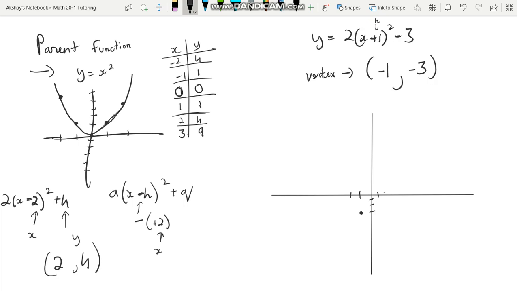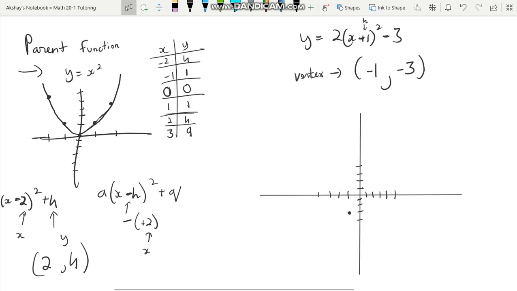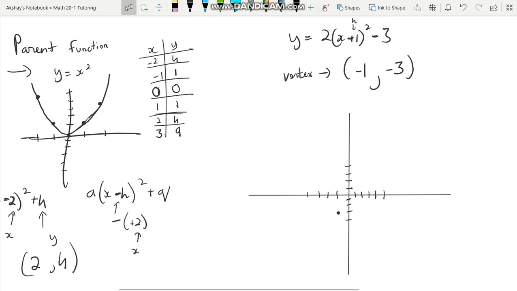Essentially, we use our transformations like this: our q moves our point from the parent function up or down, and our h moves our point right or left, along our x-axis.